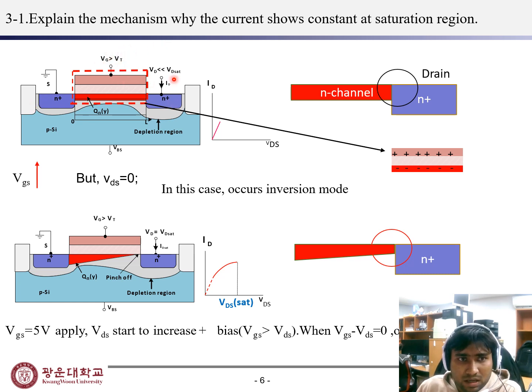If we apply drain voltage here, and the drain voltage and gate voltage are equal, that creates saturation, and here it creates a pinch-off region, because when we apply a drain voltage here, it creates an inversion mode of the p silicon substrate.